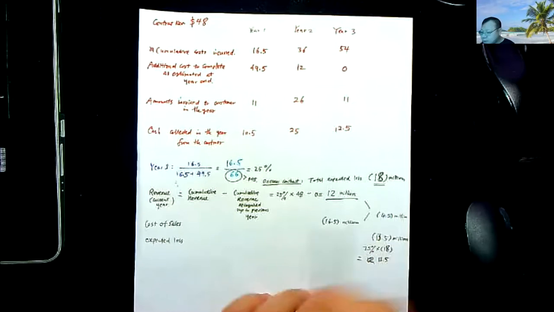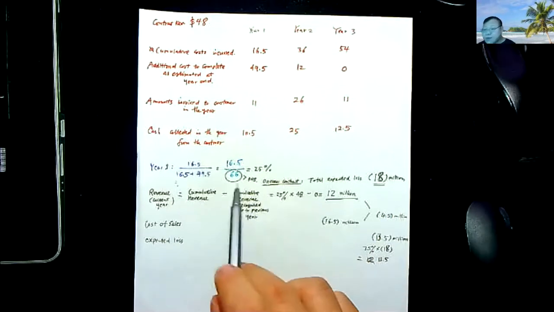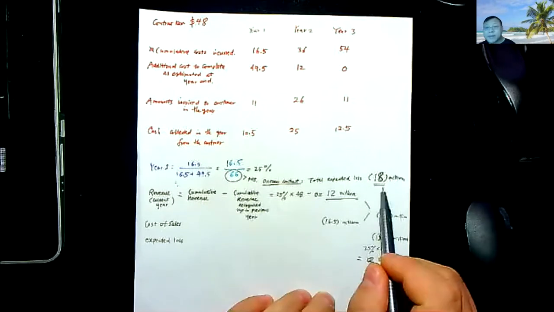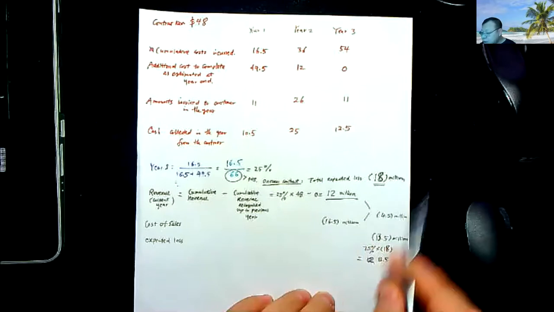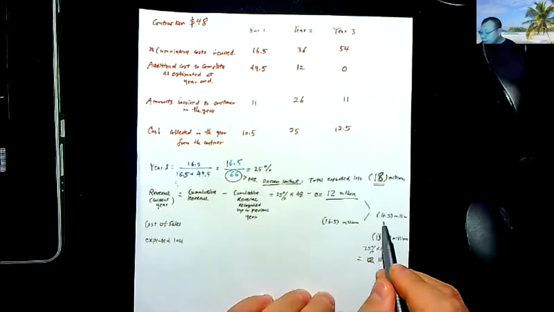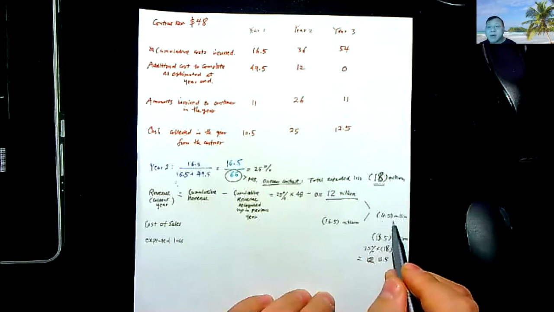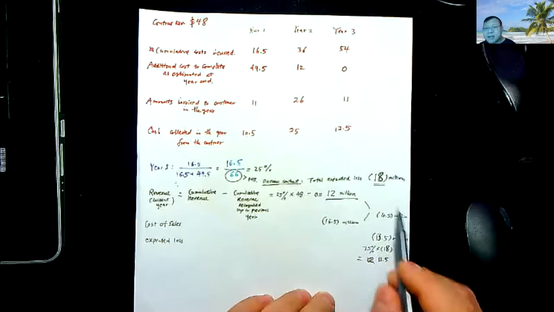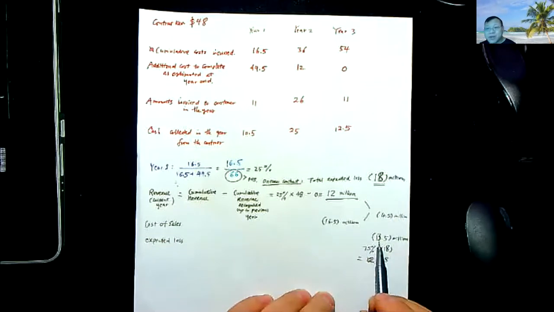Basically we are saying you expect a loss of 66 minus 48, the total expected loss of 18 million. For the current year, you have a $4.5 million loss. So the expected loss in the future is going to be the difference: 18 minus 4.5, you have 13.5.